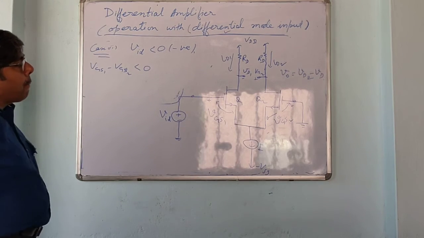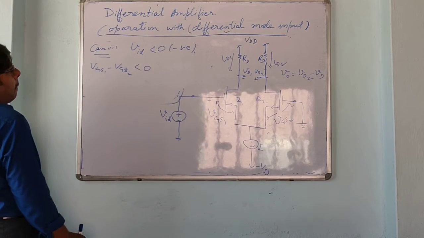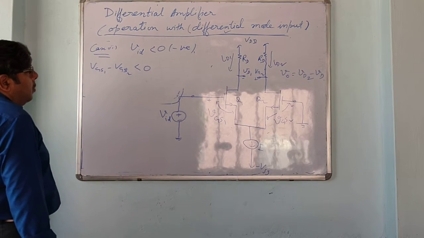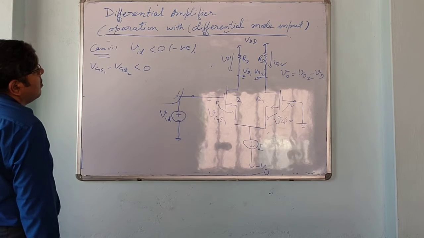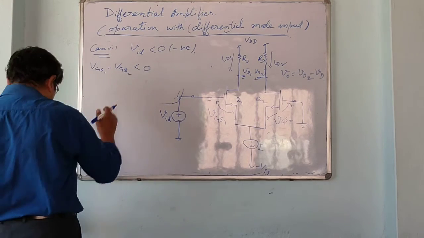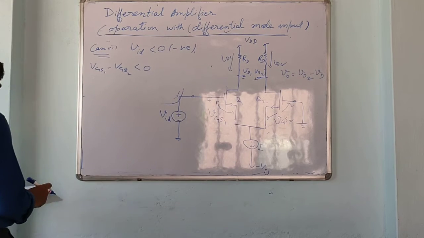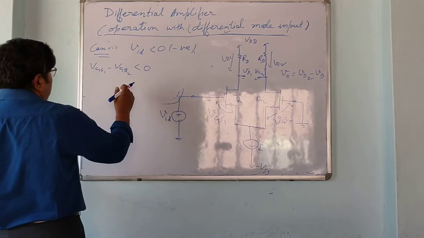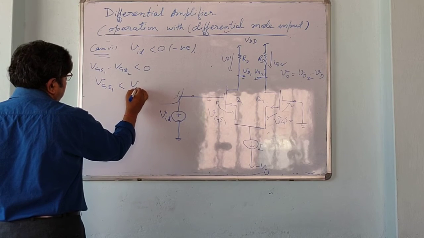For a negative value, VGS1 is less than VGS2.